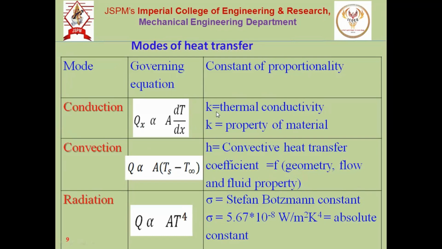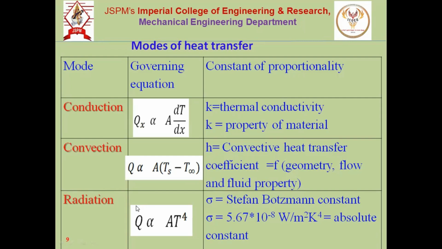Material property. Please understand. In convection, the heat transfer is proportional to the temperature difference between the surface and surrounding fluid and area. So the constant of proportionality here is h. h is called as what? Convective heat transfer coefficient. Okay, it is not a constant like the material property in conduction.